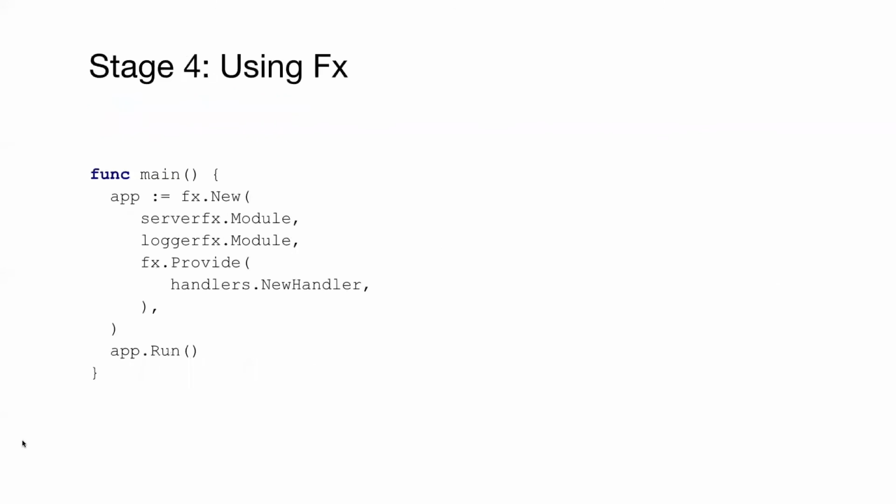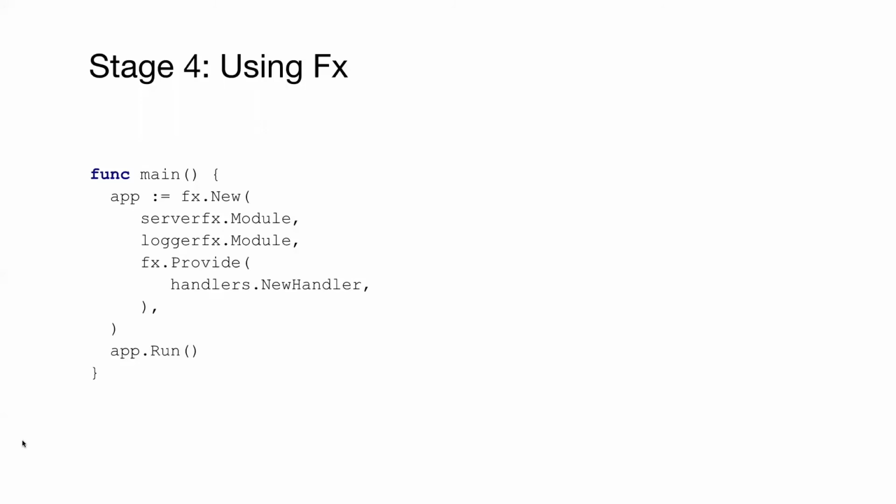Let's look now at our main using FX. It obviously looks completely different from what we saw before, and I'll try to explain what actually happens here. We are creating an object that is our application using the fx.New constructor. And using the so-called option design pattern, we are passing certain things to that.